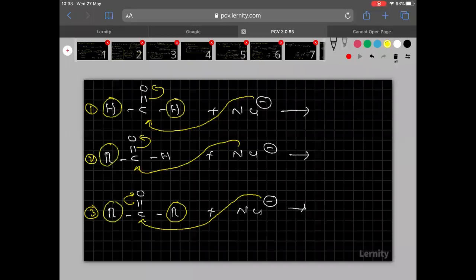Is it clear? Therefore, the nucleophile attacks easily where crowding is less. So what is the order of reactivity? First one, then second one, then third one. In the first one, the nucleophile attacks at a faster rate than the second one, than the third one.